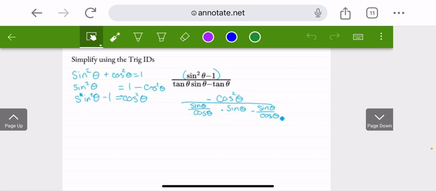But I agree, trig is weird. I hate her. She wrote this and I didn't.